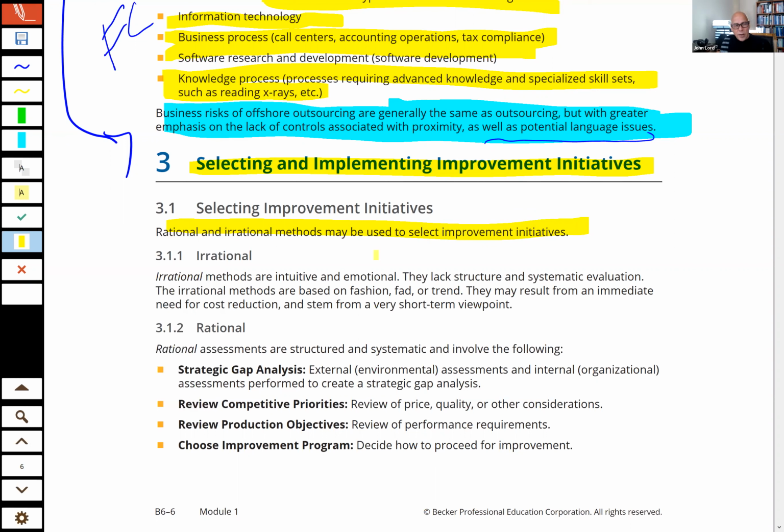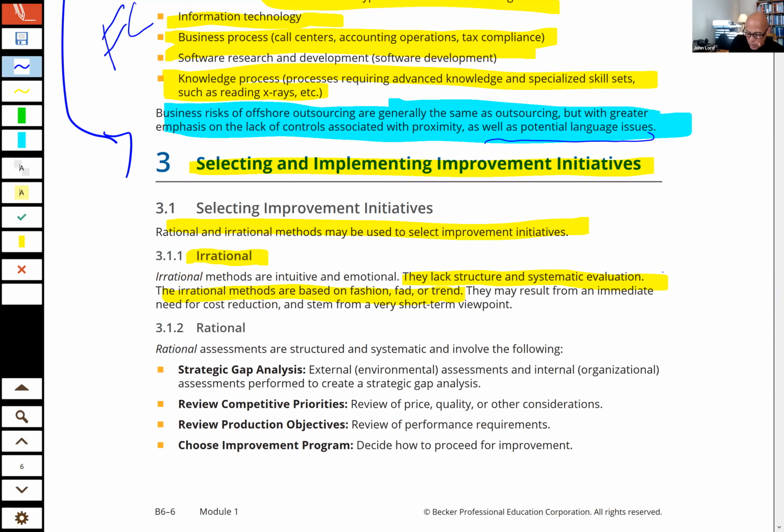I think what they're saying here is a knee-jerk approach: you see something happening and you just want to try to improve because you heard about some newfangled thing, and you just knee jerk and jump in. So that's really what they're talking about as irrational. They lack structure and systematic evaluation, and are based on fashion, fad, or trend. Okay, so they're calling that irrational.